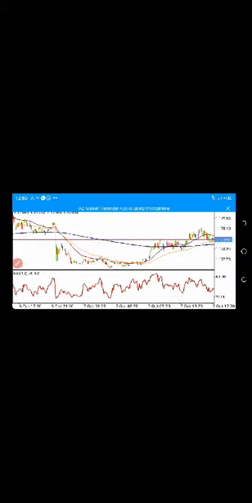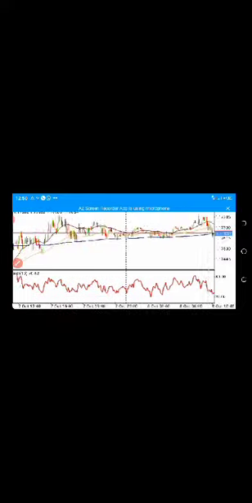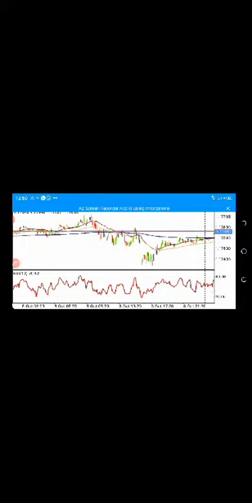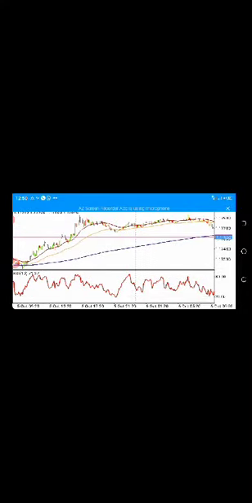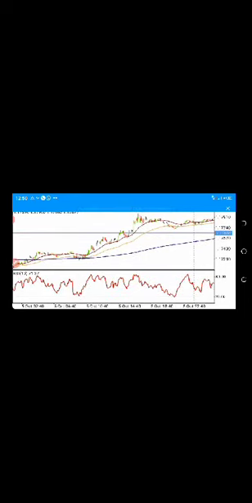When the blue moving average crosses down, look at an example of it here. Example of what I'm trying to stress. This is the blue moving average here.